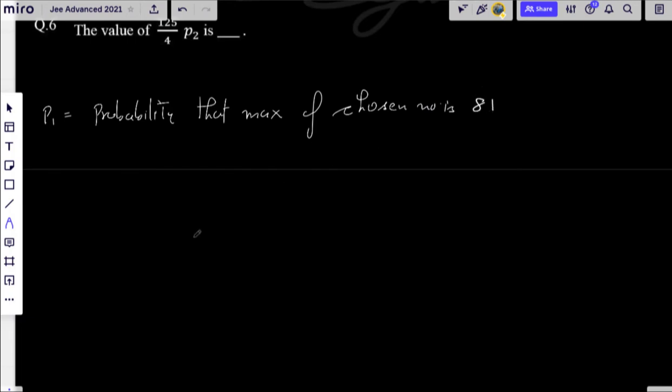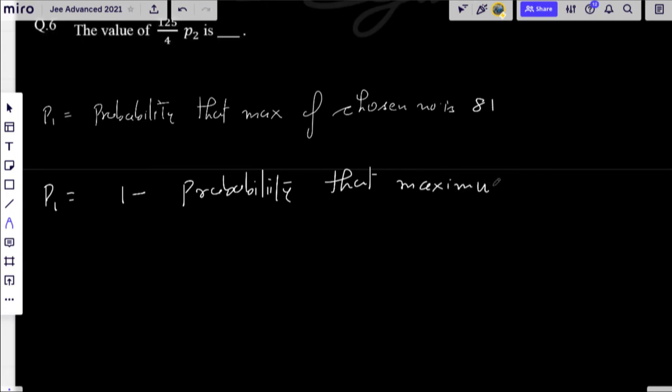Now this probability can be evaluated, as the word is at least. So due to this at least, we get 1 minus the probability that the maximum of the chosen numbers is, no, not minimum, because we have to go for at most now.